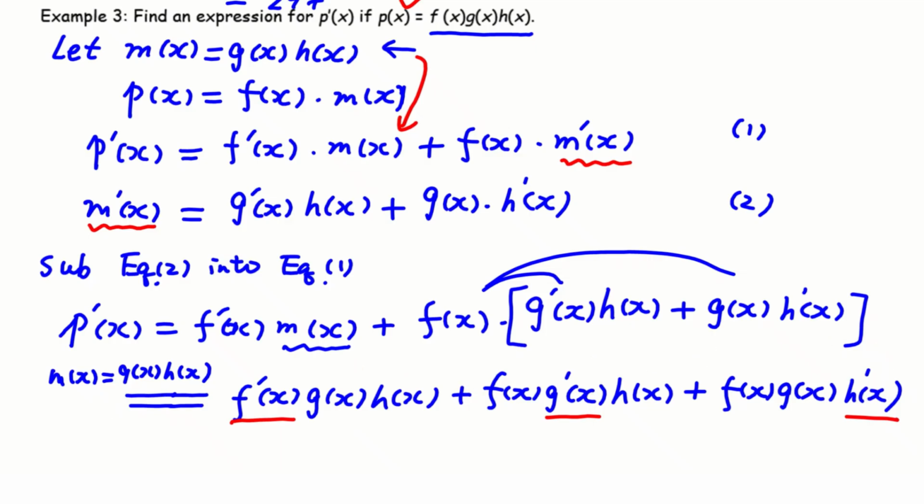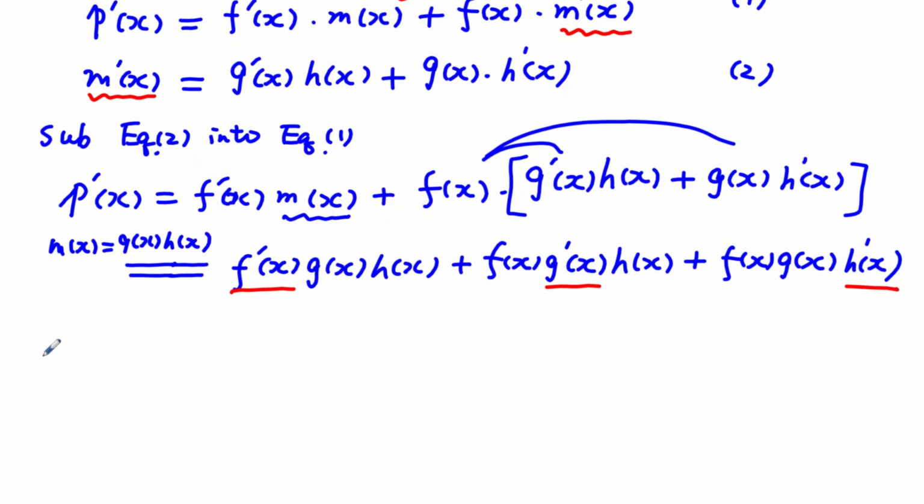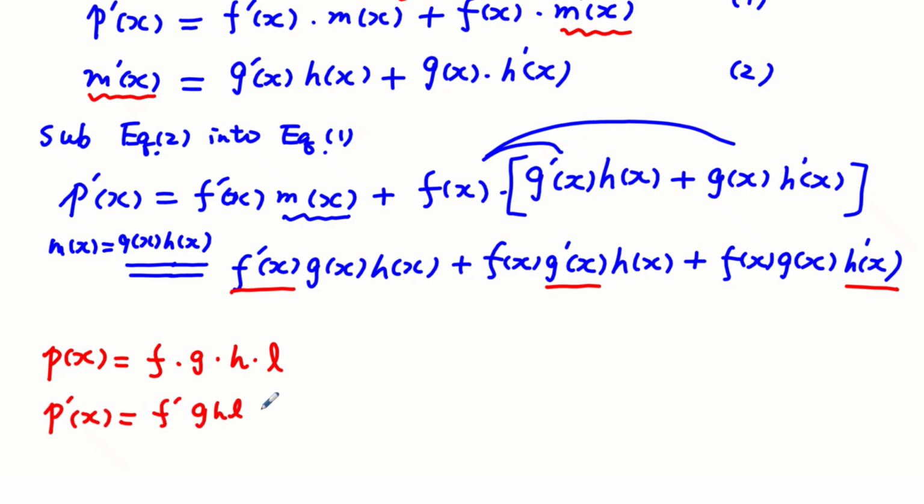And you could guess if p at x equals f g h l functions, then the prime is first derivative plus second derivative plus third derivative plus.